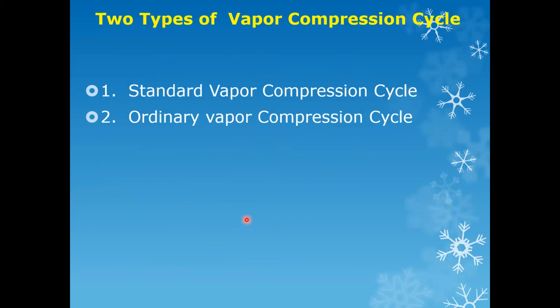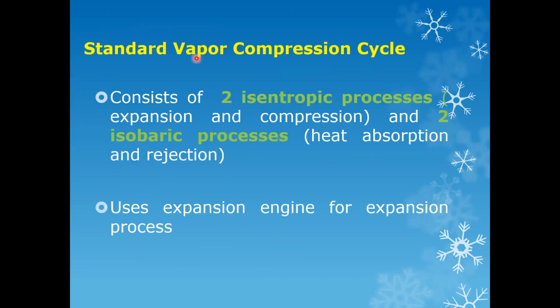So we have two types, the standard vapor compression cycle and the ordinary vapor compression cycle. The standard vapor compression cycle consists of two isentropic processes and two isobaric processes. So remember, before in the Carnot cycle, these were two isothermal processes.